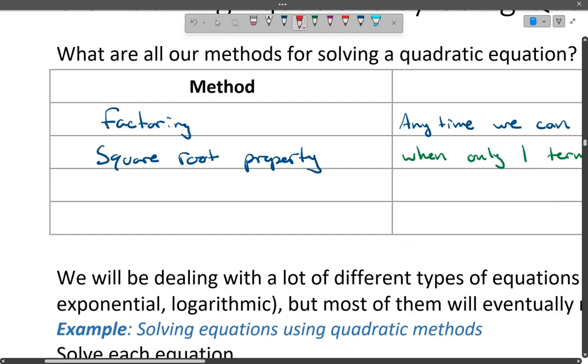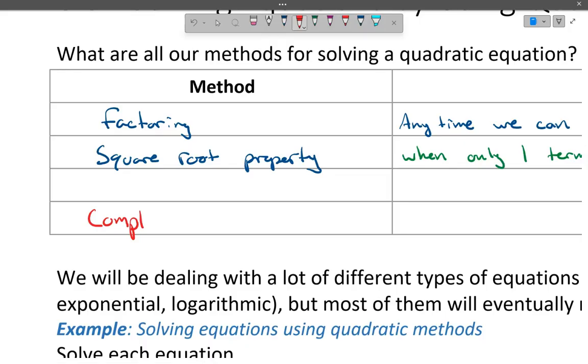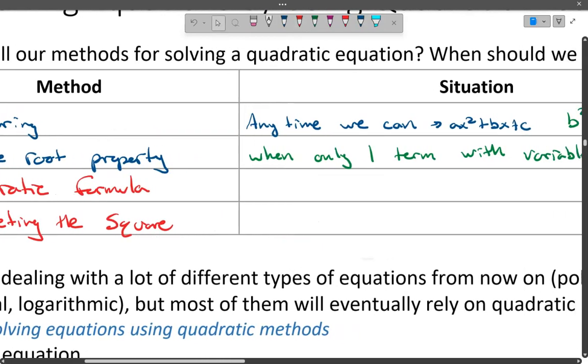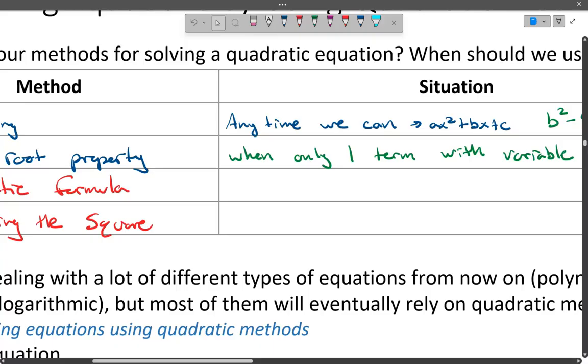The third method we learned was completing the square. I'm going to put that one at the bottom, because this one's special. And then the last thing we learned was quadratic formula. Quadratic formula we want to use anytime the first two methods fail.